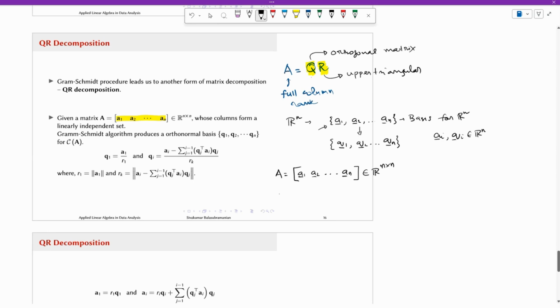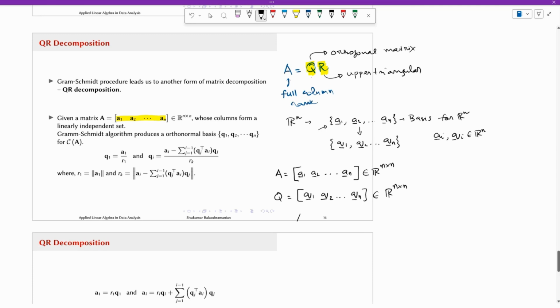And let's say we create another matrix called Q, which will also be an n cross n matrix. These are the orthonormal basis vectors that you computed from the Gram-Schmidt procedure.